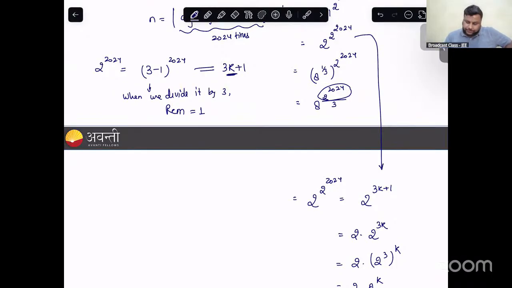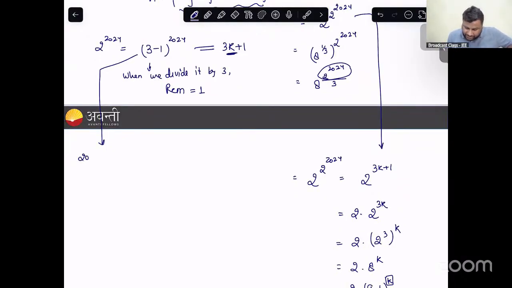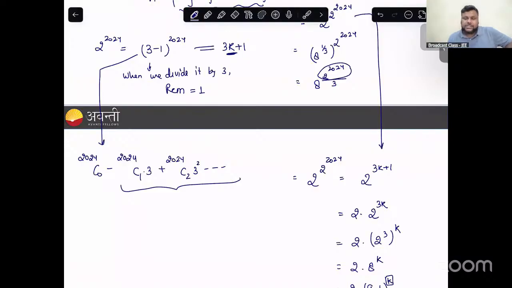Now see, if I do a binomial expansion for this, what do I get? 2024 C0 minus 2024 C1 into 3 plus 2024 C2 into 3 square and so on. Do you realize all these terms, even if I take 3 common, are going to be even numbers? Yes or no?